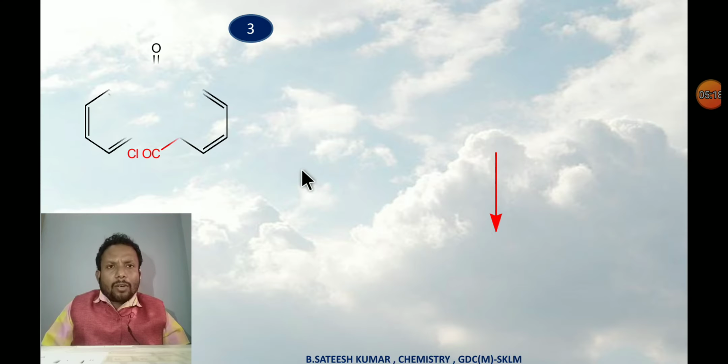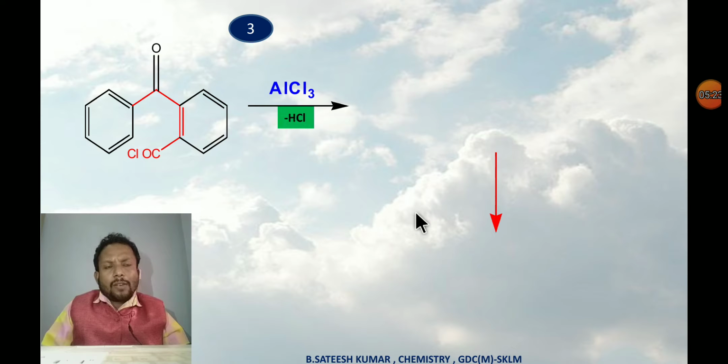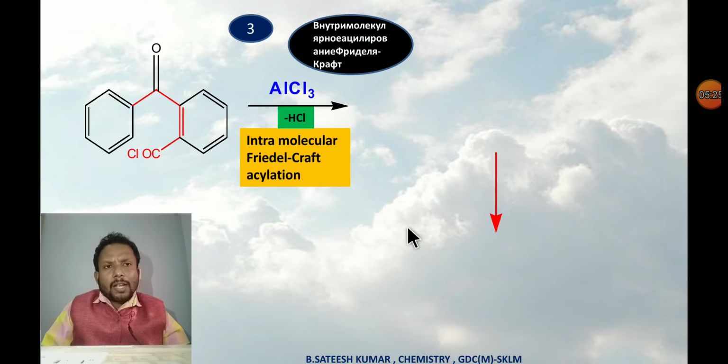Further, this acyl chloride is involved in a Friedel-Crafts acylation reaction. This Friedel-Crafts acylation reaction is intramolecular because the acyl group and benzene are present in the same compound. So this acylation reaction is an intramolecular acylation reaction.